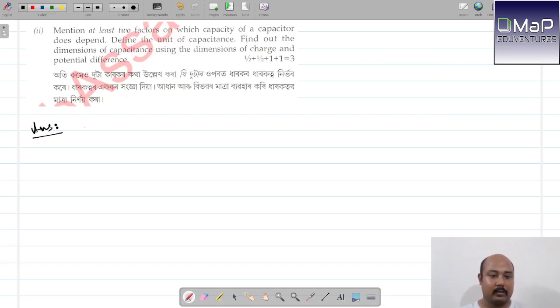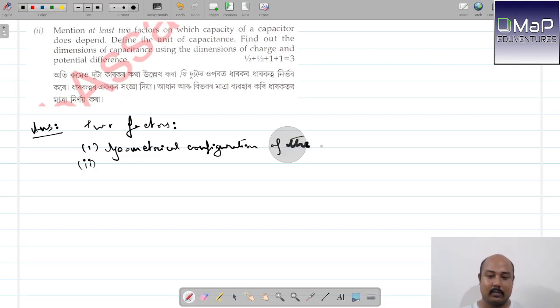We need two factors. The two factors on which capacitance depends are, one, the geometrical shape of the electrodes. There are two conducting plates or two conductors. It depends not only on the shape but also on the size and their separation, so I call all of these together the geometrical configuration of the conductors. We need a pair of conductors, so it depends on their geometrical configuration.